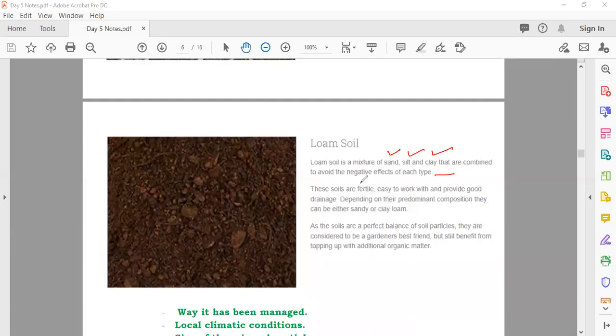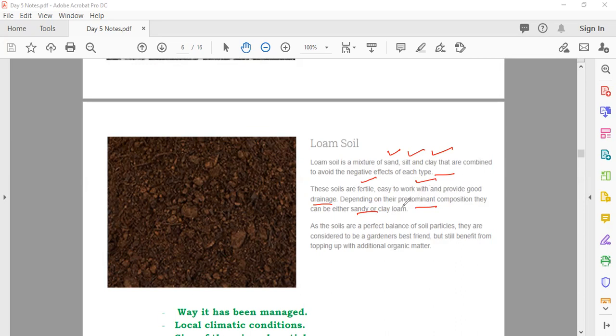These soils are fertile, easy to work, provide good drainage. Drainage means the passage of water. Water can pass through them easily. So depending on their predominant composition, they can be either sandy or clay loam.